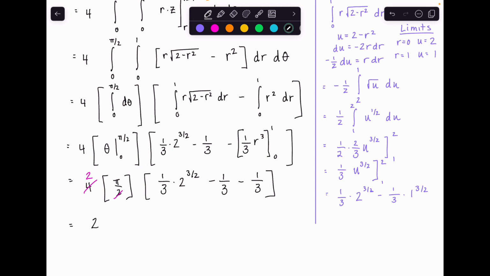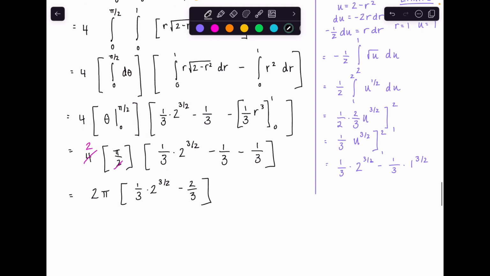So this ends up equaling 2 pi, and that's 1/3 2 to the 3/2 minus 1/3 becomes minus 2/3. You can factor out 1/3 if you want. If you left it like this, perfectly fine. You might see your answer as this instead, though. Okay. So this is the volume of that snow cone.